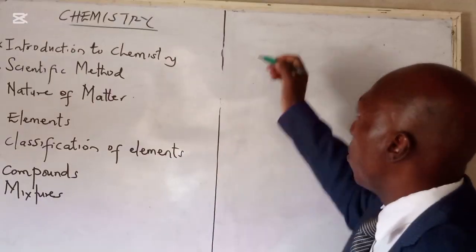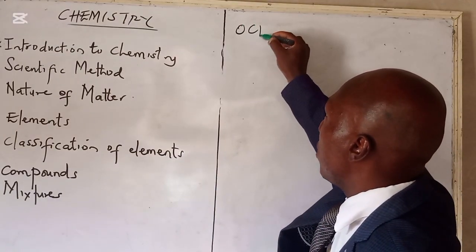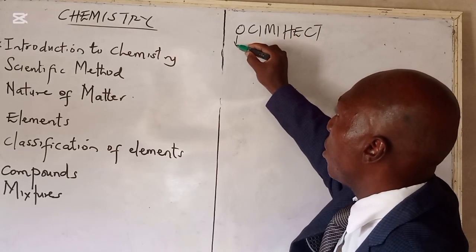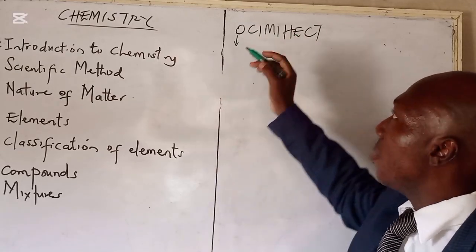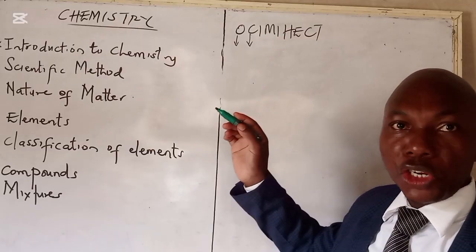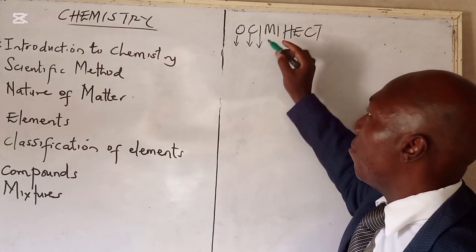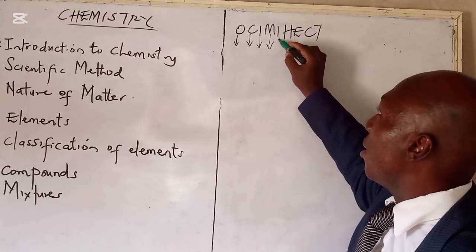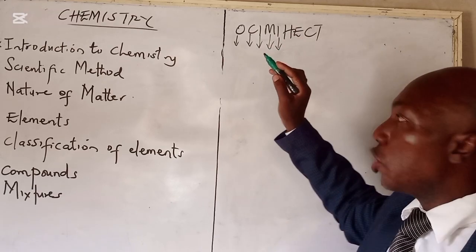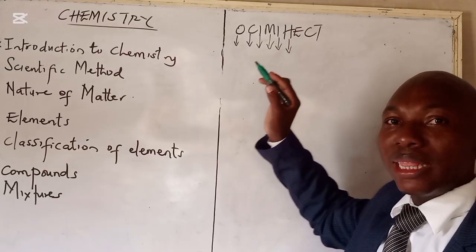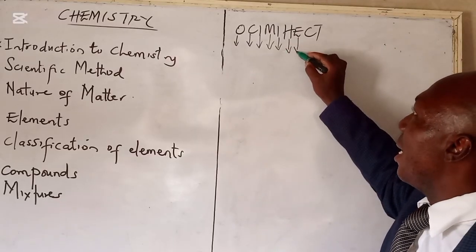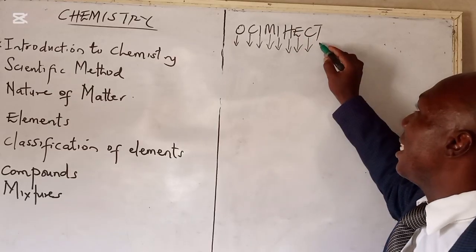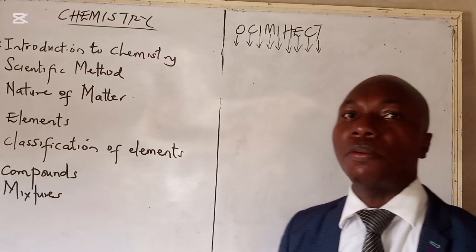I call it OCMET, where O is the observation, C is the classification, I is the inference, M is the measurement, I is the identification, H is the hypothesis, E is the experiment, C is the conclusion, and T is the theory or law.